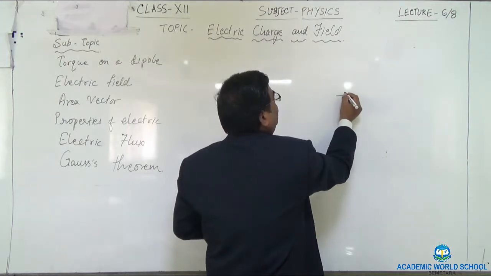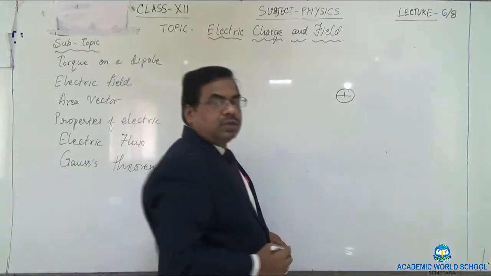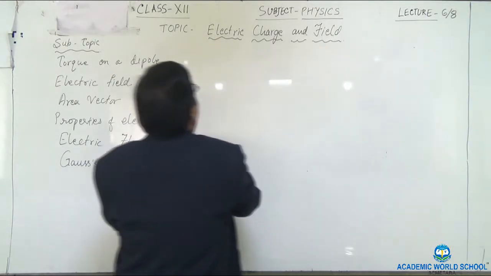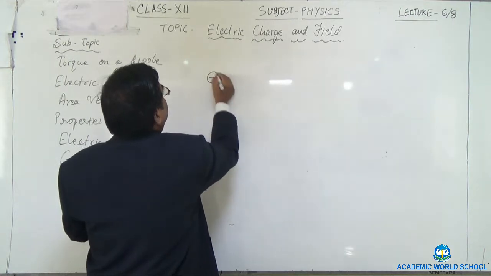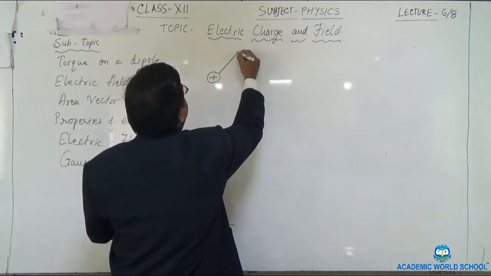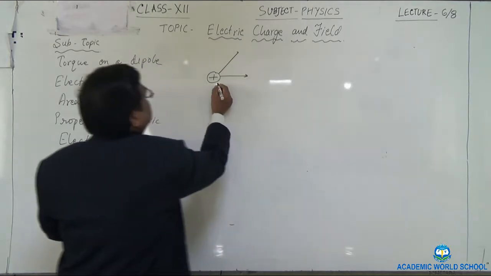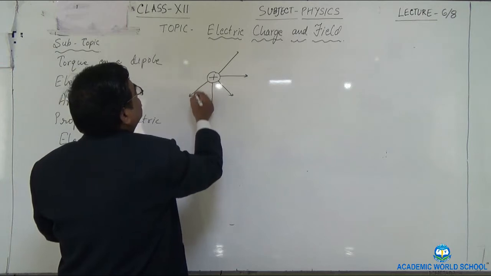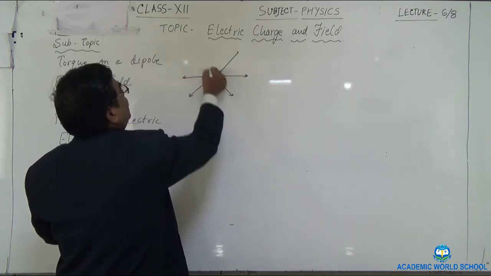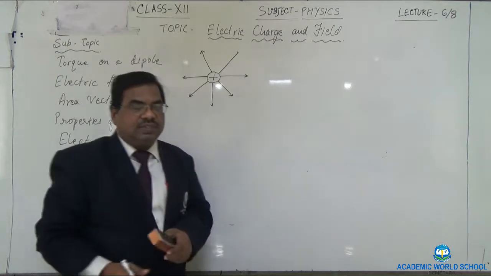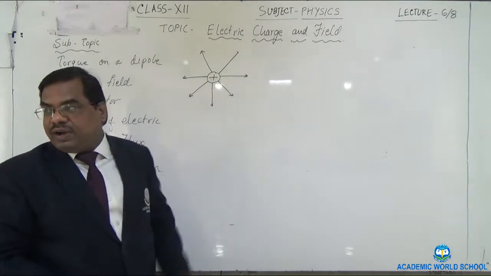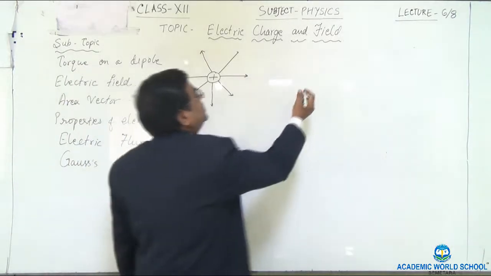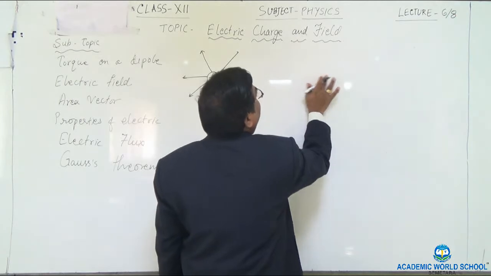If you have a positive charge, then the electric field lines will emerge out perpendicular to the surface like this. They will come out perpendicular to the surface. This is the electric field line of a positive charge. But if the charge is a negative charge, then what will happen?